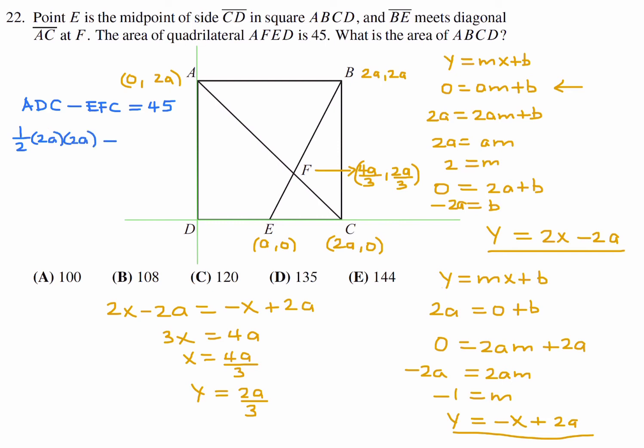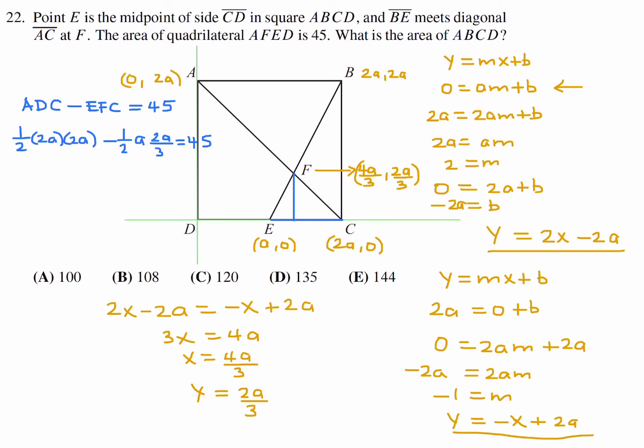And then EFC, this is the height, this is the base, right? Well, the base is just going to be a, so 1/2 base times height, and the height is the y coordinate of this point, so that's 2a over 3, and that equals 45.